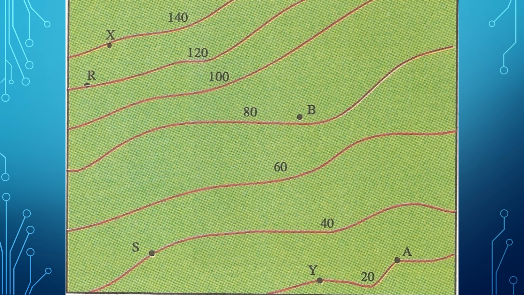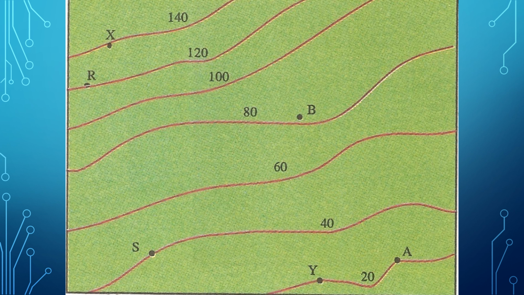Now students, what if you were asked to calculate the gradient of a slope with only being provided the 2 points on the map? Having found those 2 points, you would have to measure the horizontal distance, and also take note of the height of those 2 points by looking at the contour lines.